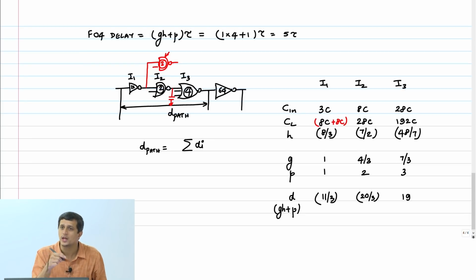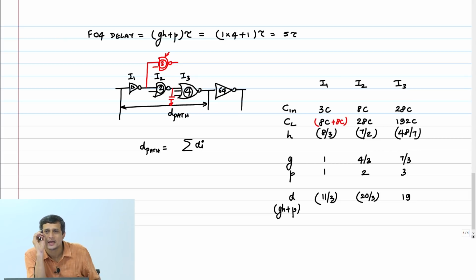That is just loading the previous stage, that's all. It does not contribute any current to charging the output load capacitance of gate I2. And therefore it should not be considered when you are calculating the C in of the gate under test. You can only consider that branching thing when there is a load that you want to calculate.